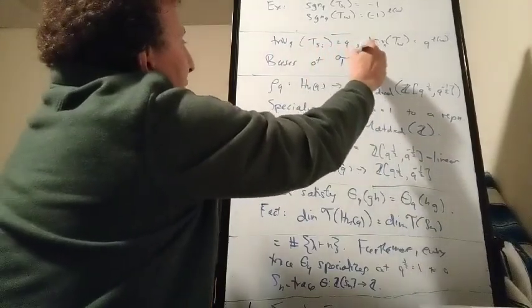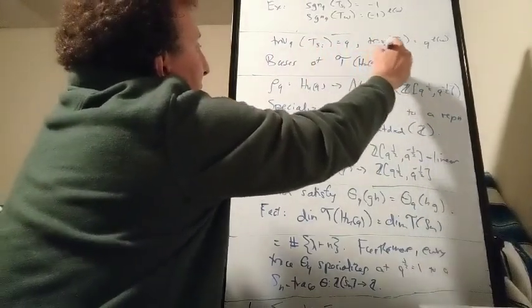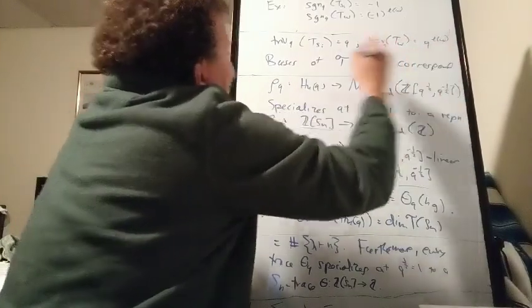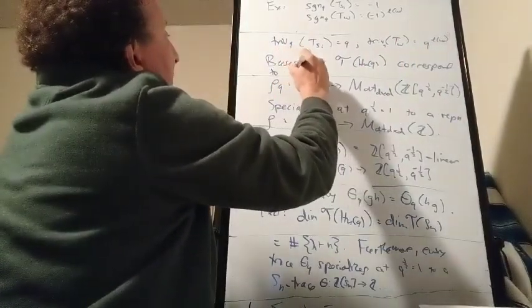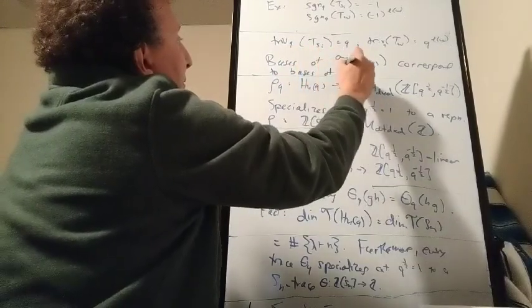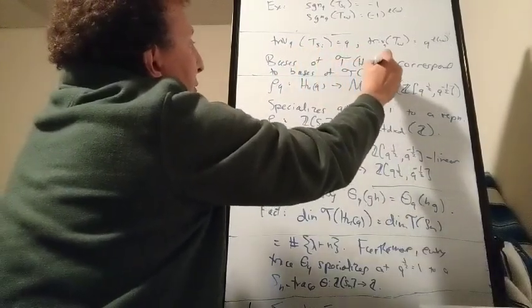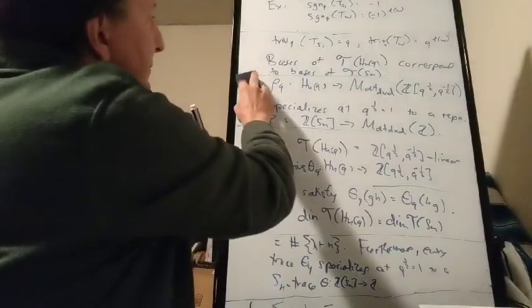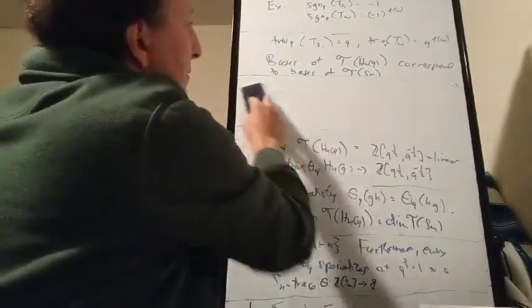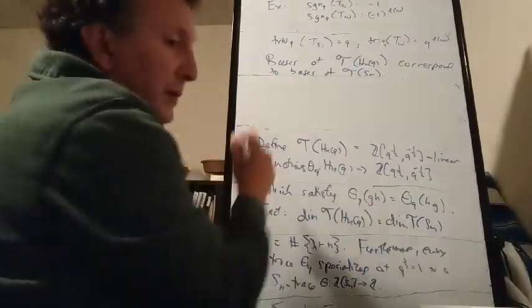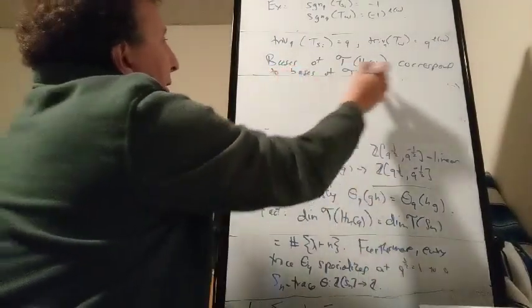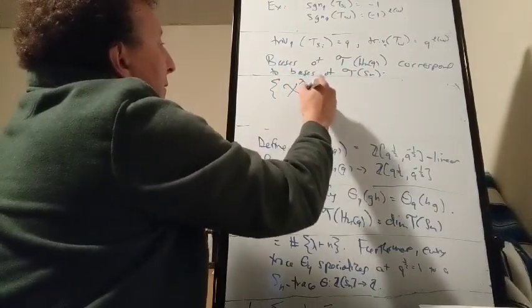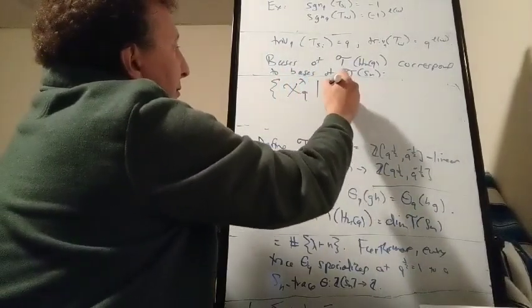The bases of the trace space correspond to bases of the trace space of the symmetric group. So we have irreducible characters.